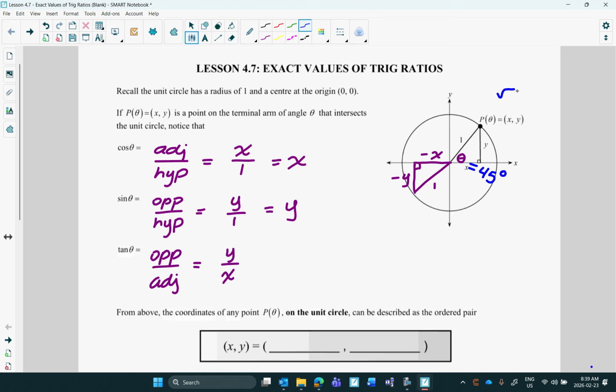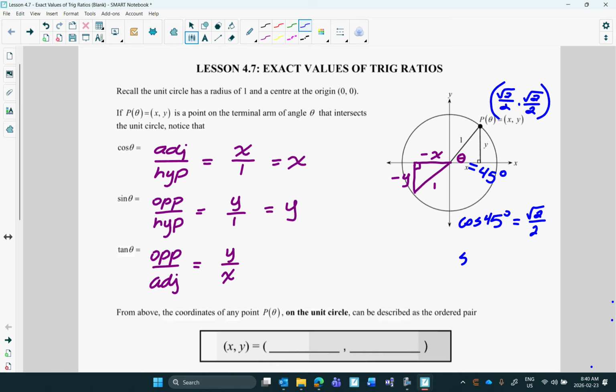Root 2 over 2, comma root 2 over 2. So, what's the cosine of 45 degrees? Well, it's whatever the x coordinate is over 1, which is just the x coordinate. So the cosine of 45 is root 2 over 2. It's just the x-coordinate.